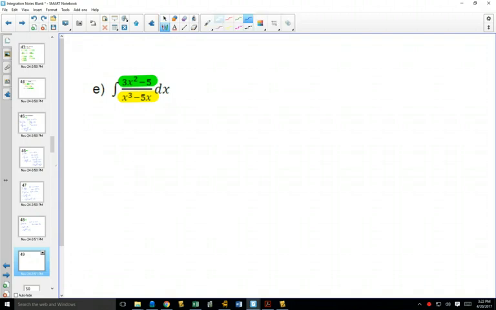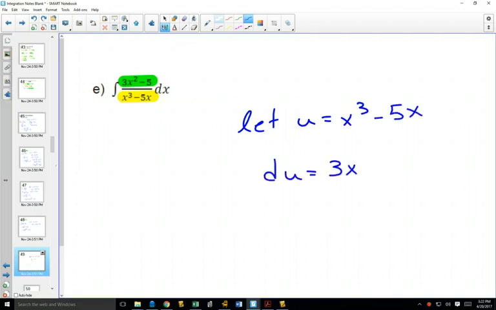So let's see what happens if we let u equal the yellow one, x cubed minus 5x. Then our derivative is 3x squared minus 5 dx. And we'll see what happens after I substitute this in.